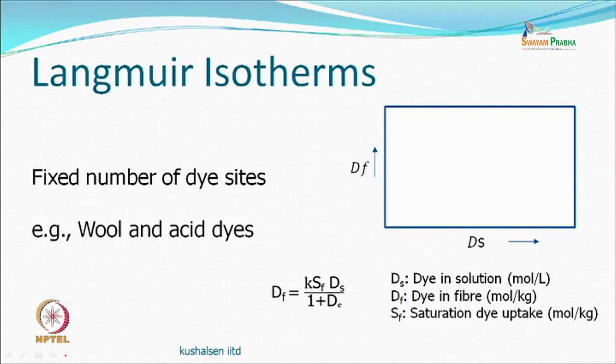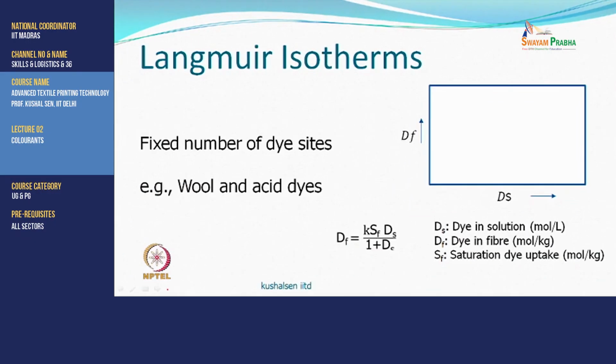Like the example we said, wool, silk, even nylon with an acid dye. These are the amino end groups where the dye is going to go. If the end groups are finished, the dye cannot go. This is what this particular isotherm believes.